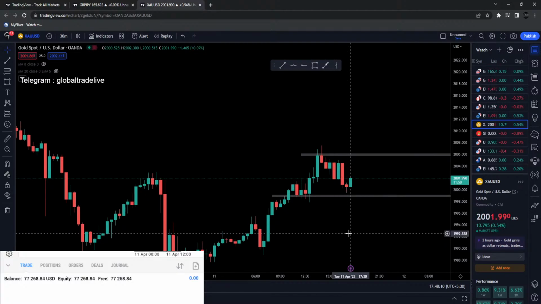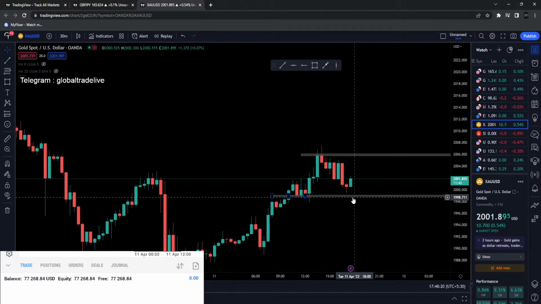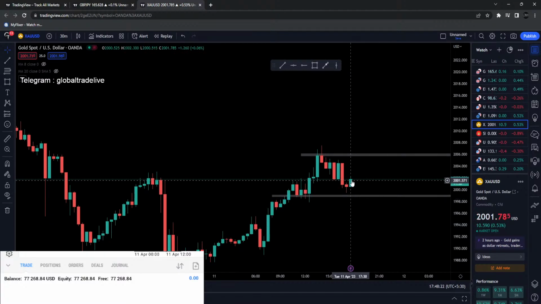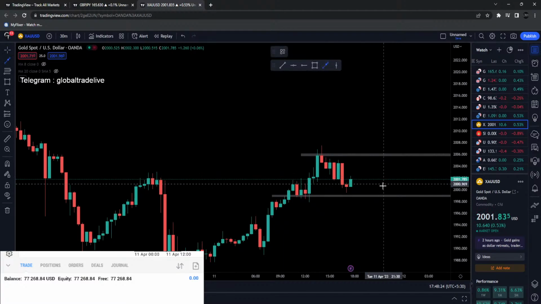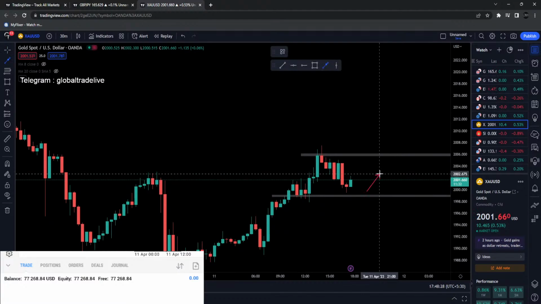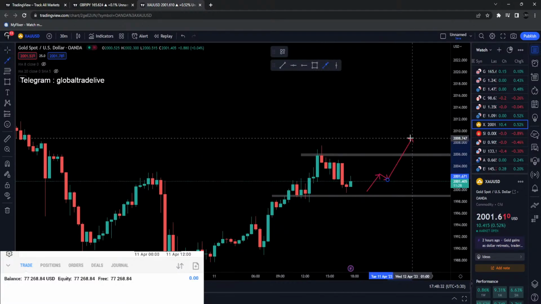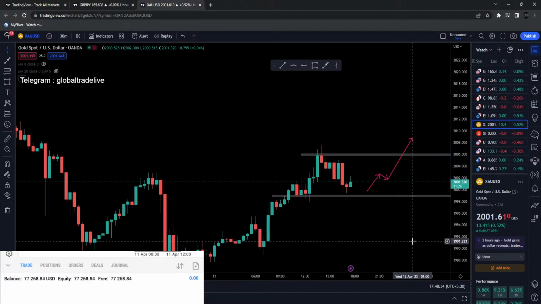Whenever a lower low and lower high series is formed, that means the market is temporarily in a sell direction, right? If we talk about this case right now, to take a buy, we have to wait for the market to create a support somewhere over here, and then it can possibly move up.